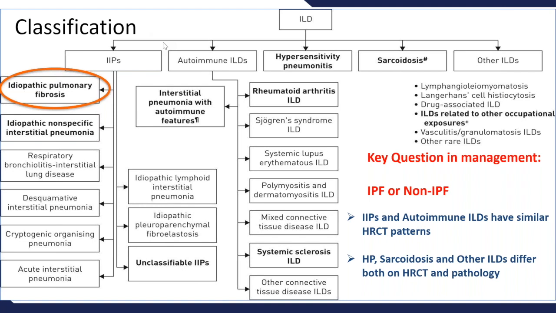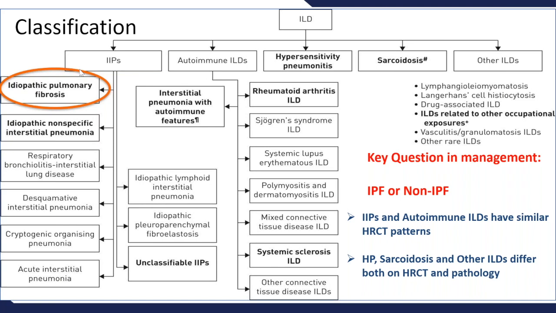Broadly, they are a group of diseases which are clubbed under the heading of idiopathic interstitial pneumonias. These are the IIPs, out of which there are multiple diseases, and idiopathic pulmonary fibrosis. This is the most important disease. And when we discuss ILDs in general, then IPF or idiopathic pulmonary fibrosis, this is the prototype disease.